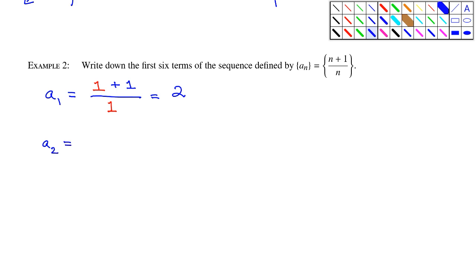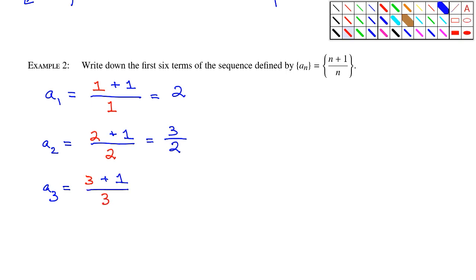A sub 2 is equal to 2 plus 1 over 2, and you work this out to be 3 over 2. A sub 3 is going to be 3 plus 1 over 3.